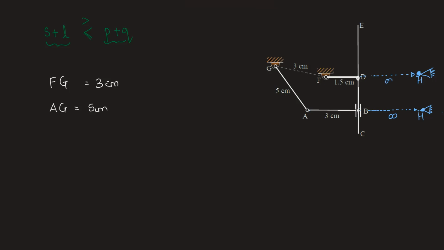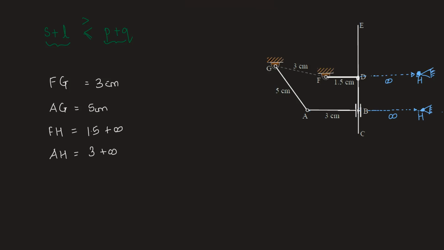So this is also infinity while this is also infinity, and therefore we can write down the lengths of the other two links. FH will be equal to 1.5 from point F to D, and from point D to H is infinity, so we add this infinity to 1.5. Then for link AH, the length will be 3 plus infinity.